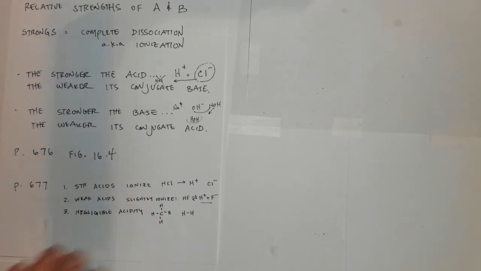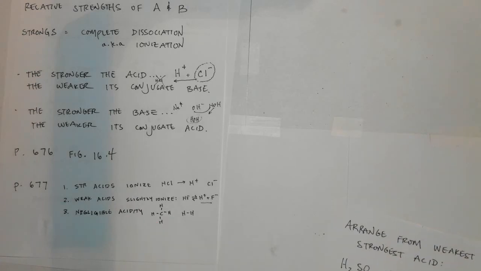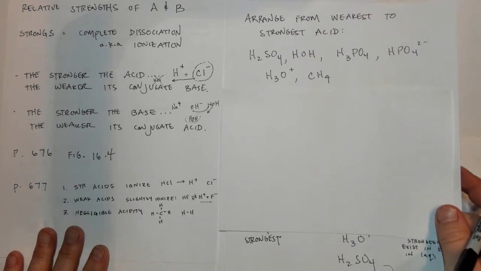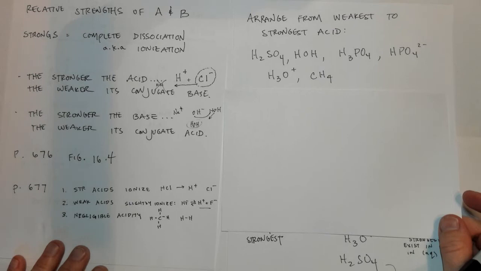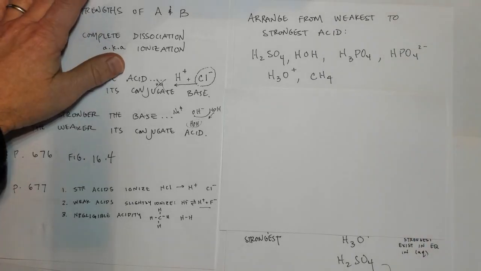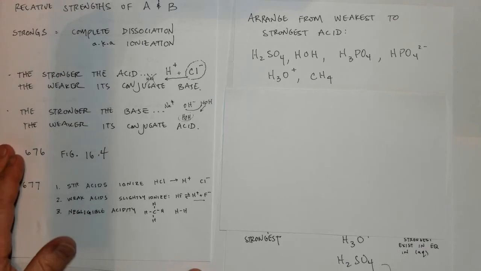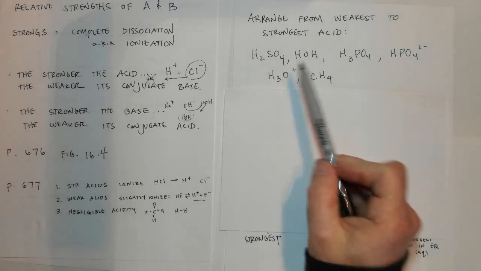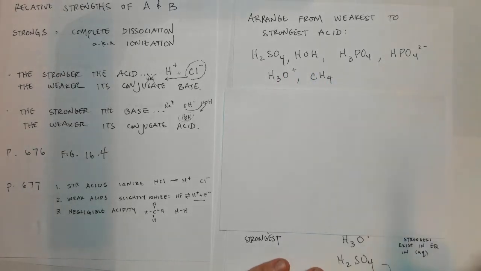So let's take a look at some lists and see if we can rank these. Let's see if we can arrange these from the weakest to the strongest acid. So we've got H2SO4, we've got HOH, H3PO4, HPO4 2 minus, H3O plus, and then CH4.